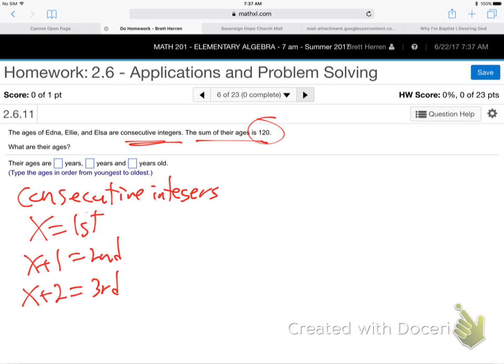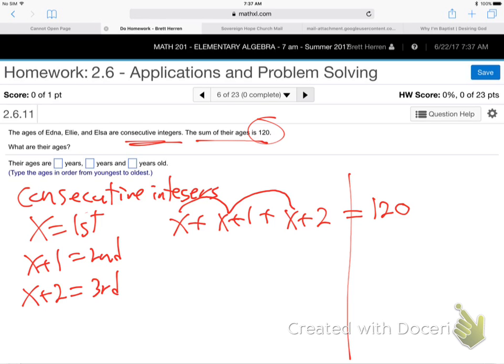All right, y'all got that? So x plus x plus 1 plus x plus 2 equals 120. Add them up like that, equals 120. Is that good? Because sum means add. So now what is that? x plus x plus x is 3x. And 1 and 2 is 3.